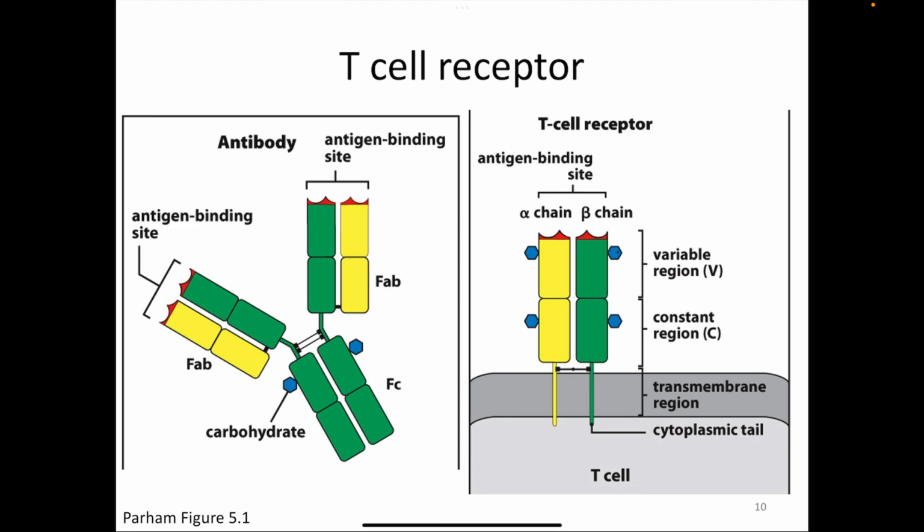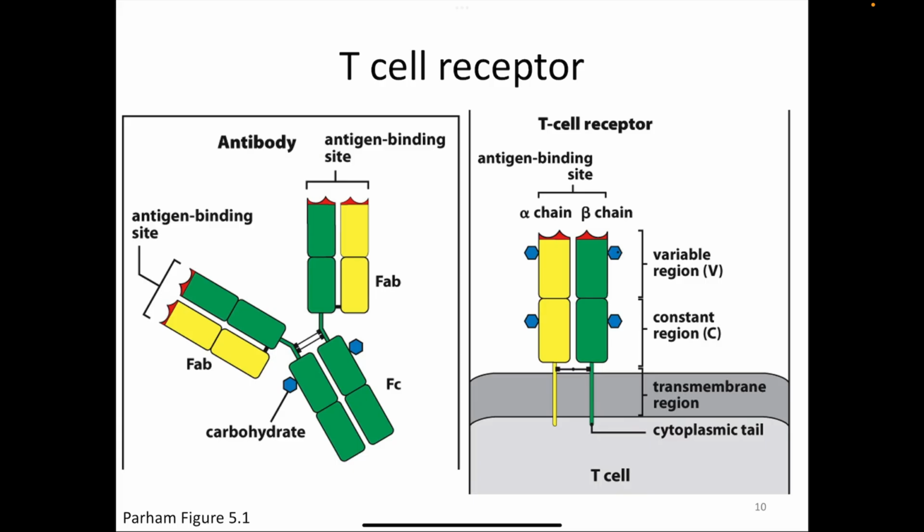You can notice that the TCR has two protein chains that are held together by a disulfide bond. Those protein chains each have a variable region and a constant region. And in a lot of ways, a T cell receptor kind of looks like a Fab structurally, just with a transmembrane domain on it. So it looks very similar to what you've seen before. You've got two chains. As we'll see later, one's going to be a heavy chain and one's going to be a light chain.